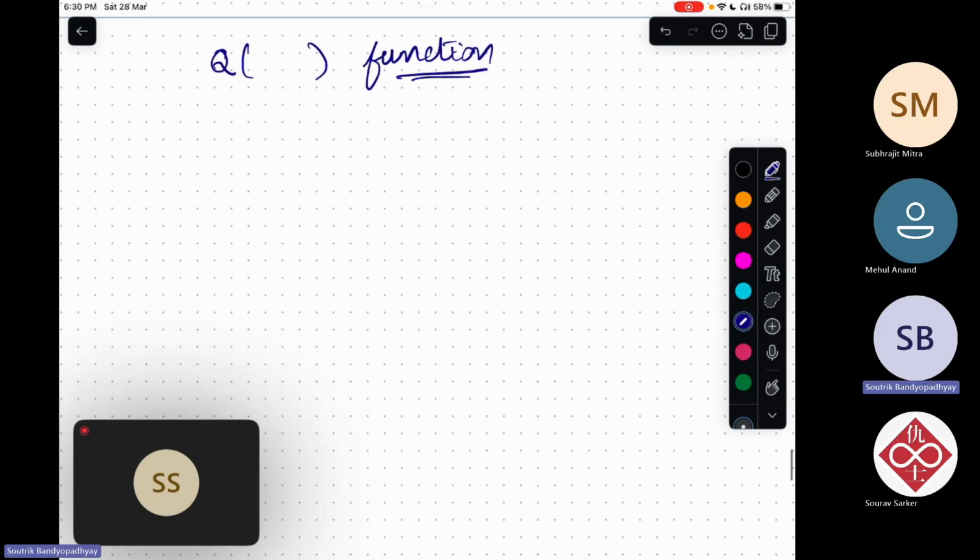So what is this Q function? Let me redraw this diagram, which I was drawing again and again. Let's say there are three states and there are three possible actions that I can take. So this is action 1, action 2, action 3.